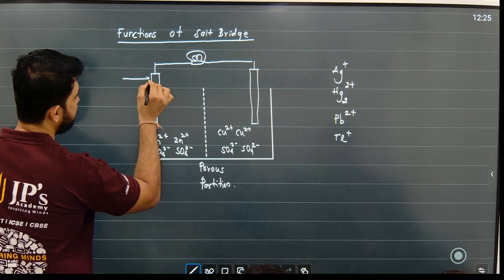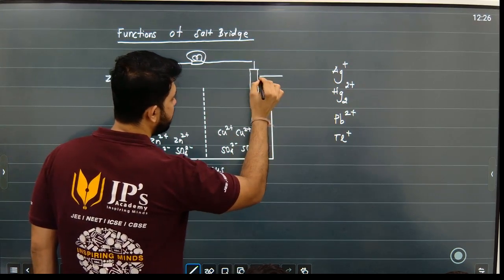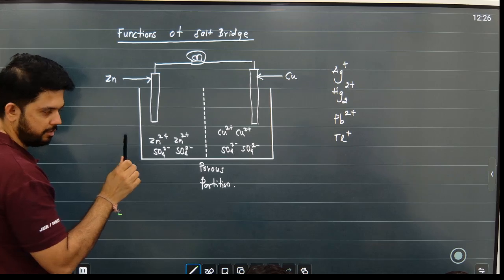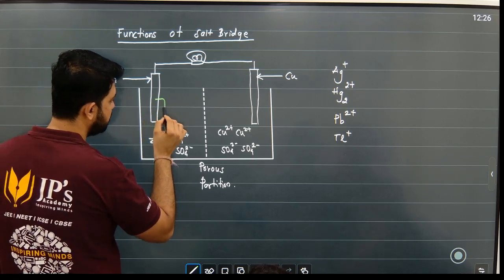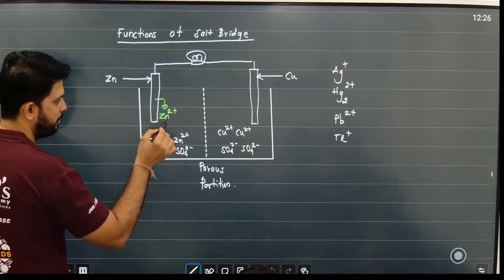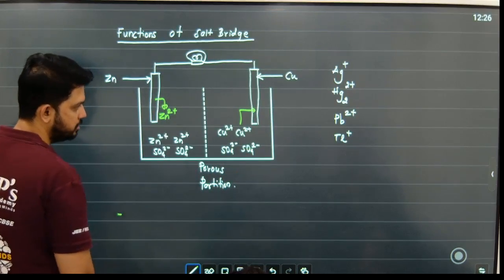Here I have a zinc rod dipped in zinc sulfate solution, and over here a copper rod dipped in copper sulfate solution. Initially zinc will come into the solution in the form of Zn2+, and copper from here will accept the electrons and get deposited on the copper rod.